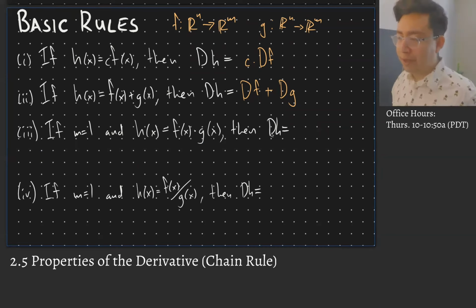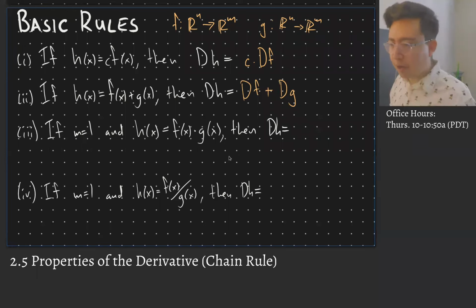So far, this has been the rule about constant scalar multiples, and then we have the sum rule. This here is going to be a product rule. We know from single variable calculus that when we start getting into products and then quotients, the rules tend to look a little bit different, and this is definitely no exception. So the total derivative of this is going to follow the product rule.